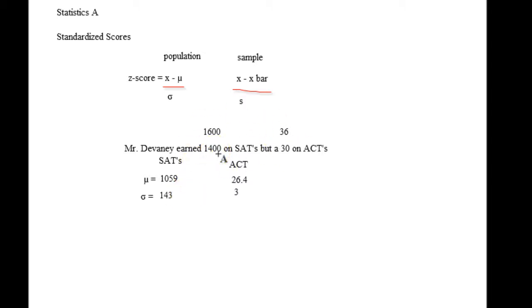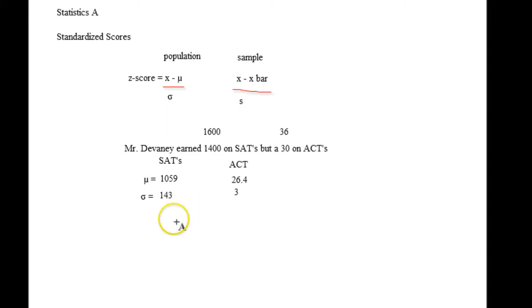Here's an interesting thing. You need normalized data, which is usually things like heights, weights, test scores, because then this makes sense and you can compare between two different categories. That's what we're doing Z-scores for.